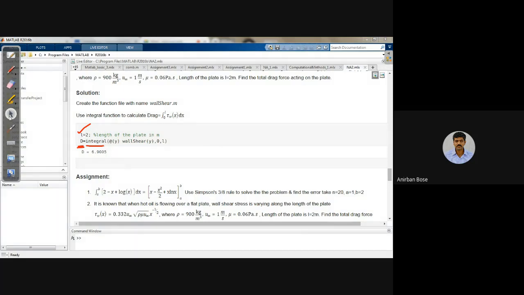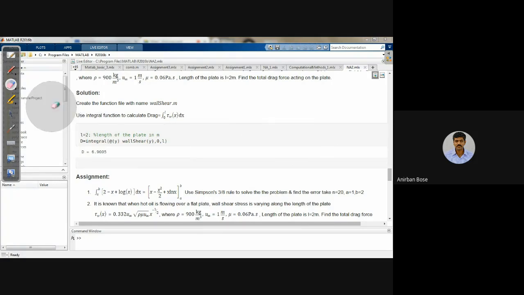Now, at the rate y, wall shear is basically the function that calculates the shear stress at x. So that particular function we have to create with the name wall shear.